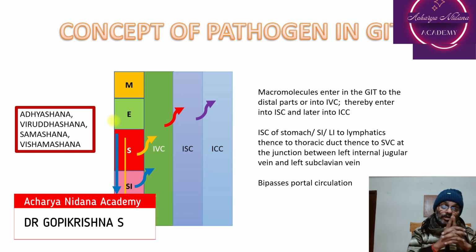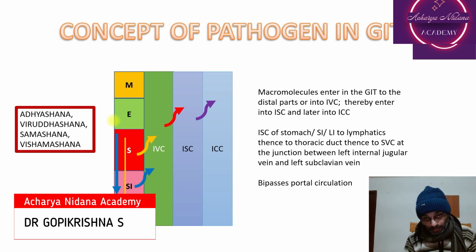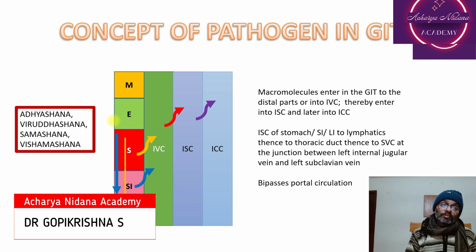And when they are entering into the small intestine, they are usually moving along the wall of the small intestine, just like in the stomach itself. As they are macromolecules, they are moving very slowly. So they are going to have a similar mechanism to what happens in the stomach, which may be responsible for inflammation in the small intestine.